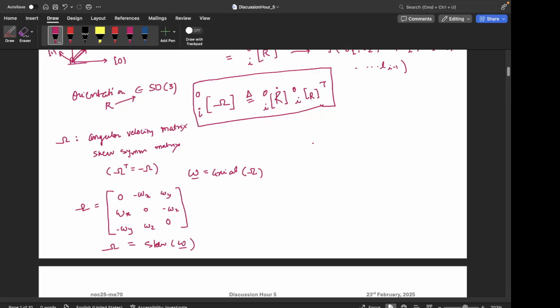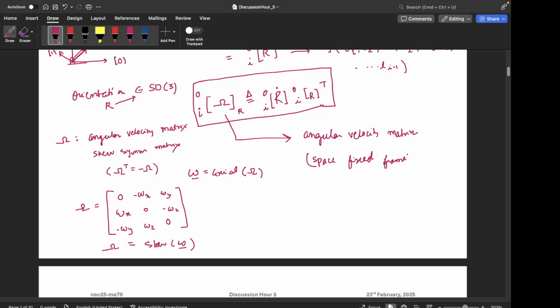So I will just add a comment here. This angular velocity matrix gives the angular velocity in the space fixed frame, that is in frame 0.